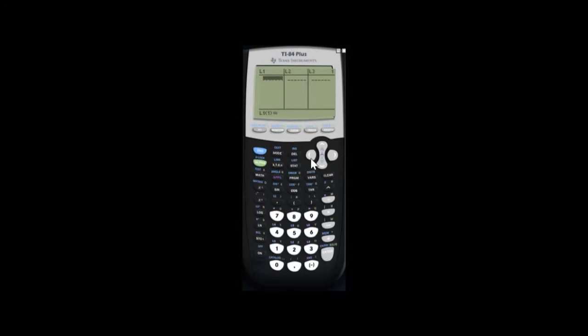In list 1 we will enter 1 through 6. And in list 2 we're going to enter 2 through 12.